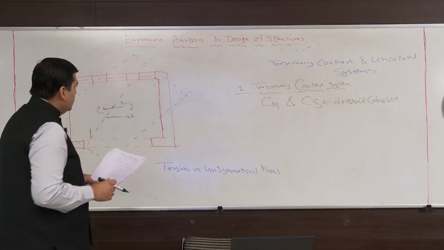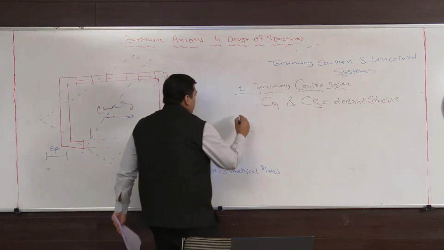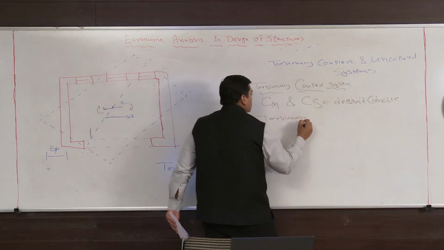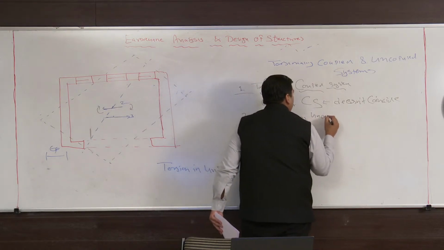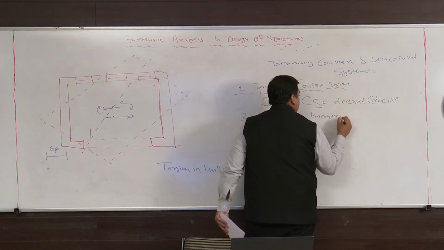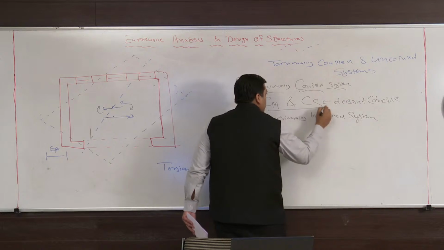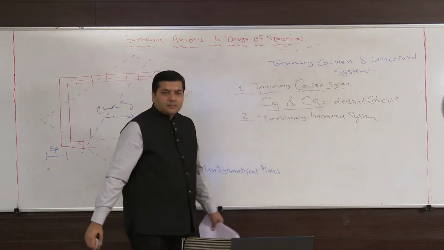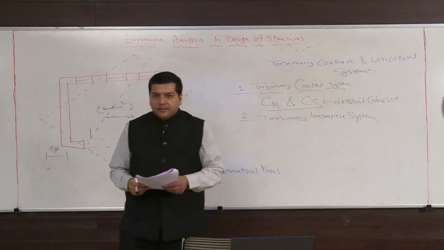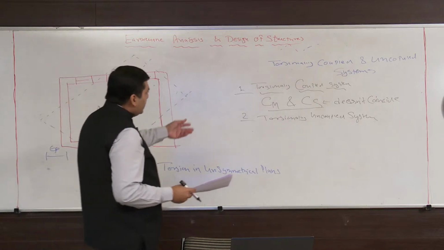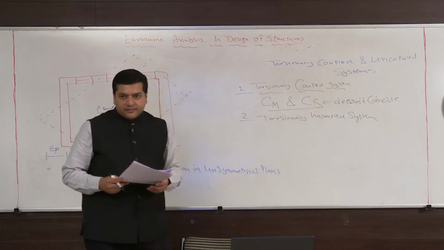Second, torsionally uncoupled system. What will happen in this? Uncoupled means eccentricity 0, coincide with each other.